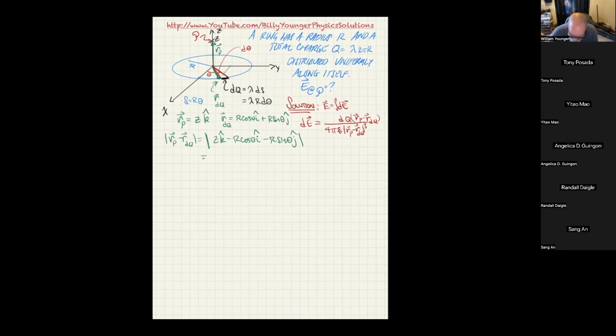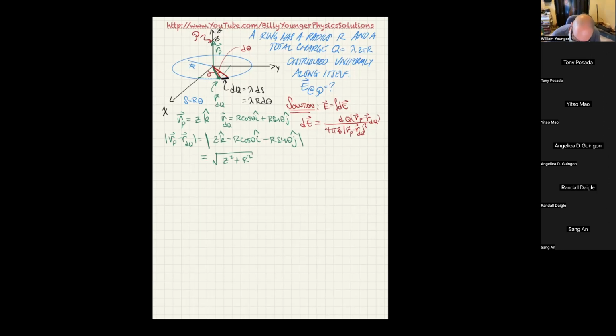But if you work out the math, you will find that it's actually the square root of z squared plus r squared. You can see that if you draw the vector on here, because the green vector in the XY plane has a magnitude of big R, and the green vector on the Z axis has a magnitude of z. They're clearly perpendicular to each other, so the Pythagorean theorem would tell you that it's going to be that.